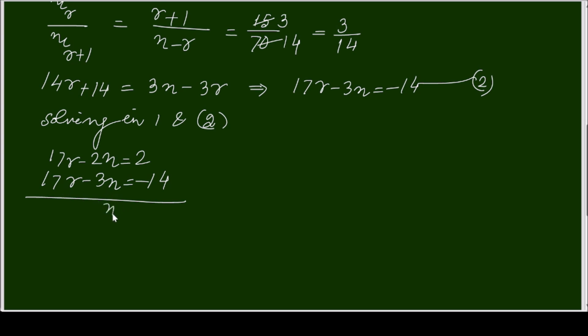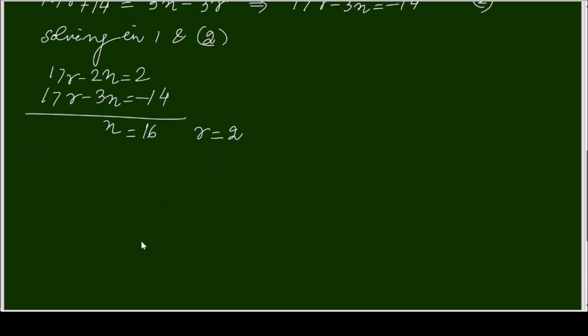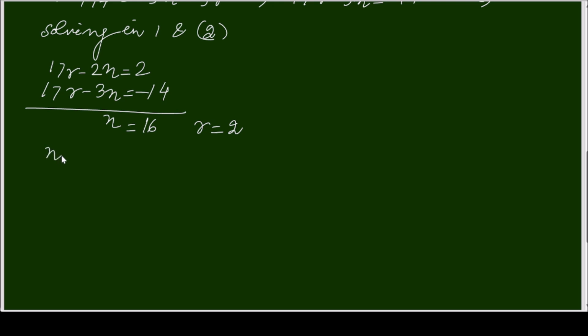So you are getting n equals 16 and r equals 2. So we have taken the coefficients nC(r-1), nCr, and nC(r+1). We have to get the average of these.